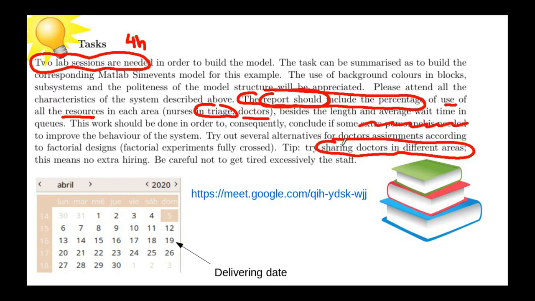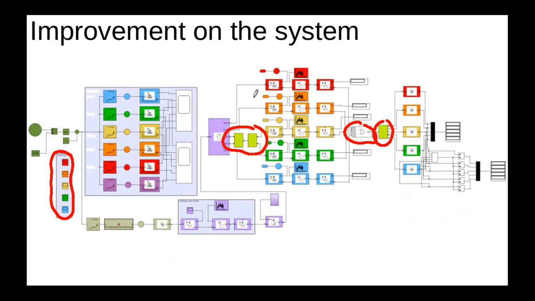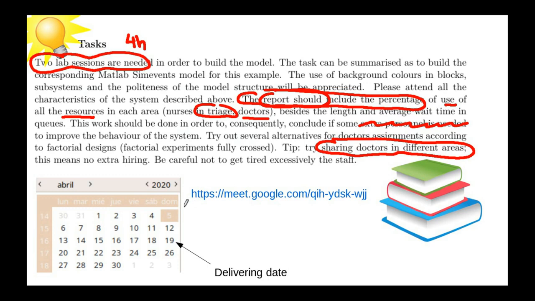I only want you to build this model with this improvement, the sharing of doctors in the yellow area and the green area. And this work must be delivered on the 19th of April. So you have more or less 2 weeks in order to do the work.